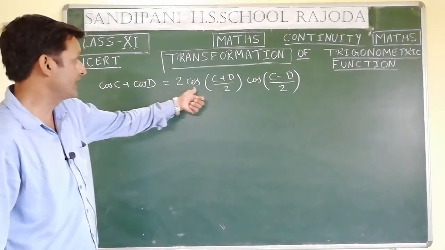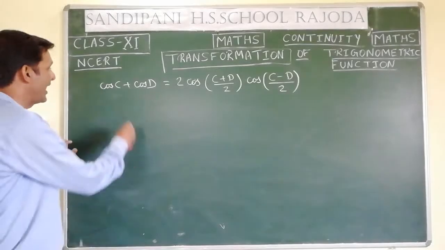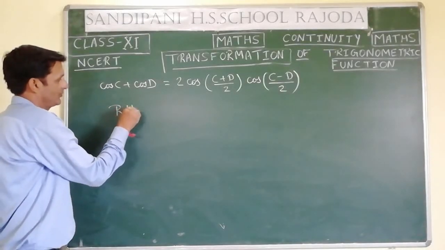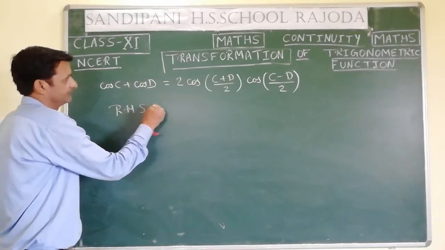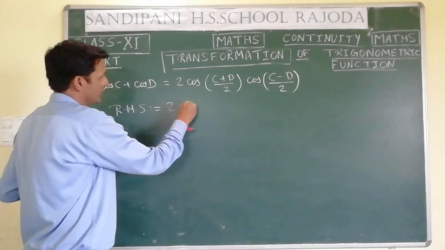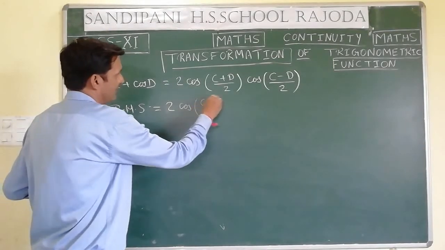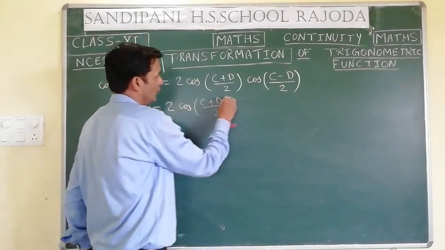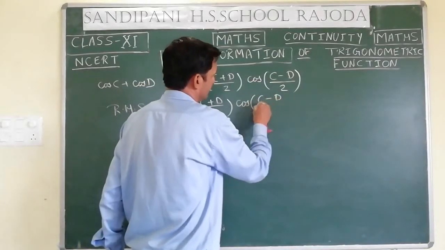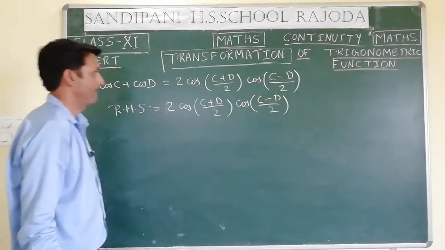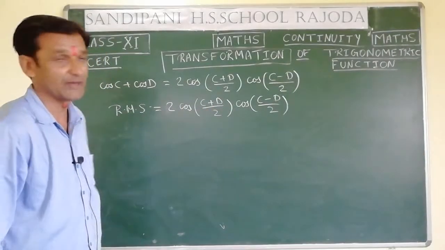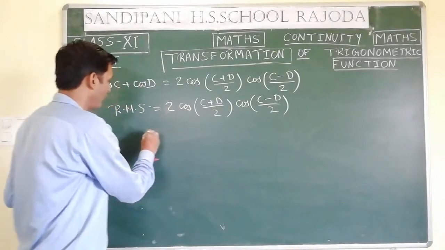So we can take here RHS. Suppose I am taking RHS here, then it will be equal to 2 cos (C plus D by 2) cos (C minus D by 2). We may take it as 2 cos A cos B. So what is the formula for 2 cos A cos B?